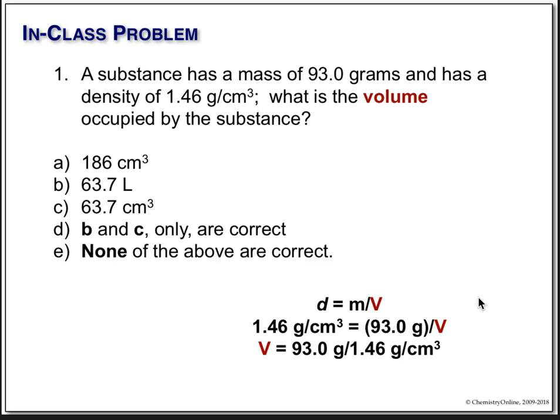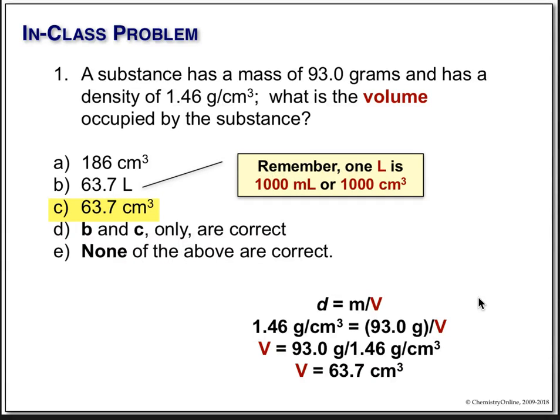Do the simple math. And we get 63.7. Always remember liters, 1,000 cubic centimeters in a liter, 1 milliliter and 1 cubic centimeter are the same thing.